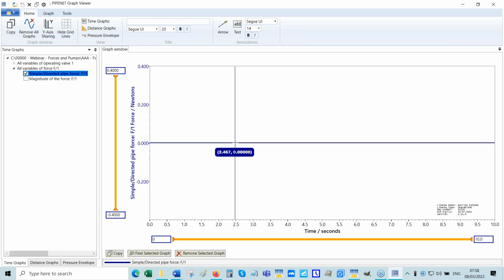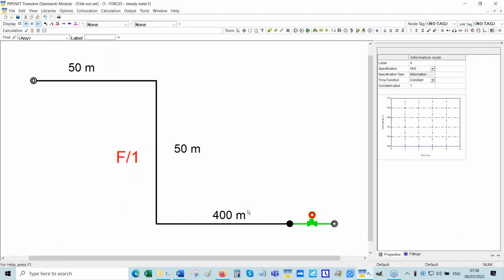So simple force is identically 0 all the way through. So this is what I was saying. In steady state, the unbalanced force is 0, and that is why in steady state we do not consider forces. We only consider the pressure and make sure that the pressure is below the allowable pressure.